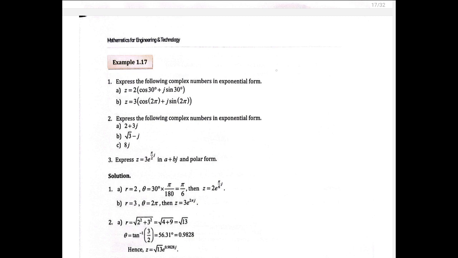It is 30 degrees times pi over 180, which will give us pi over 6. So the exponential form for this question is this, because r is 2 and the exponent is theta j, where theta here is pi over 6.